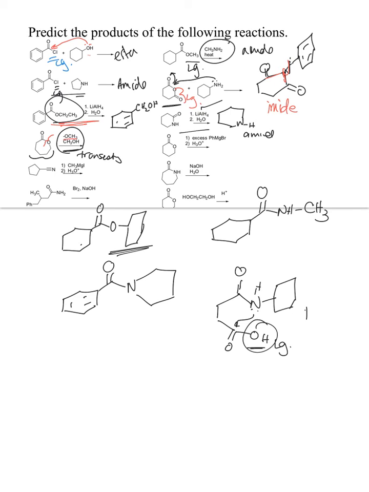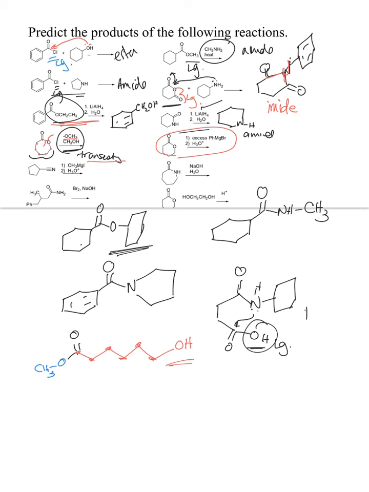So you want to count how many carbons: 1, 2, 3, 4, 5, 6. So you're going to get 1, 2, 3, 4, 5, 6, and that will just be an OH. That's going to open up and do a transesterification. You're changing one ester for another one.